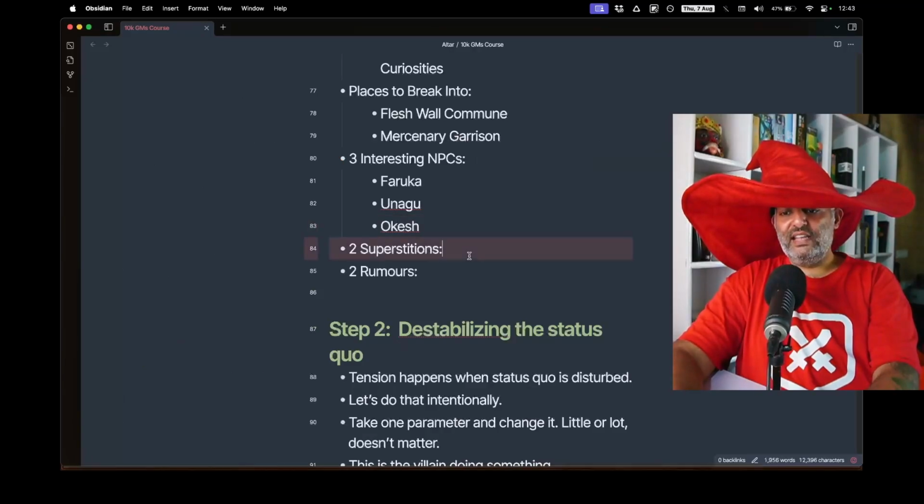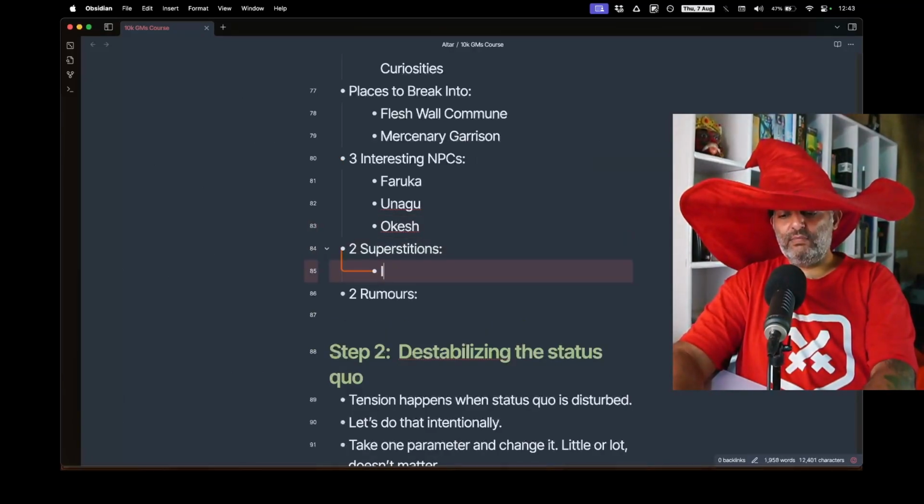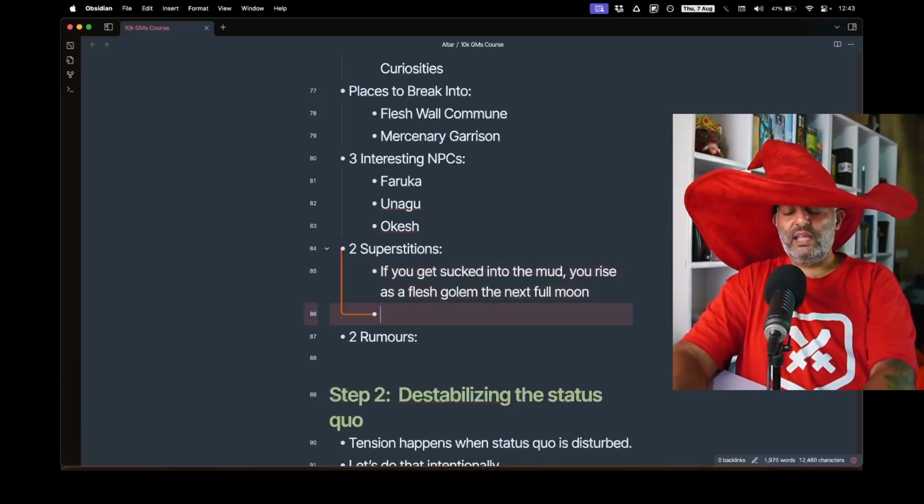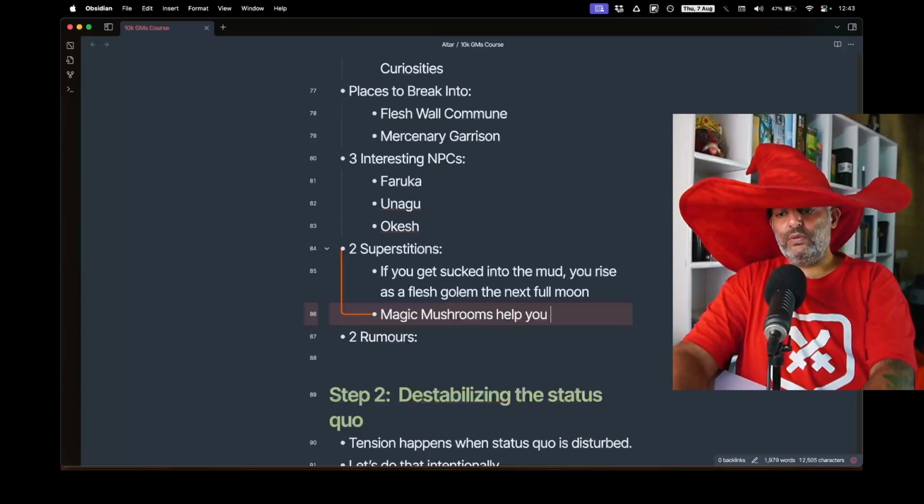All right. 2 superstitions. If you get sucked into the mud, you rise as a flesh golem the next full moon. And magic mushrooms help you pierce, how do you spell pierce?